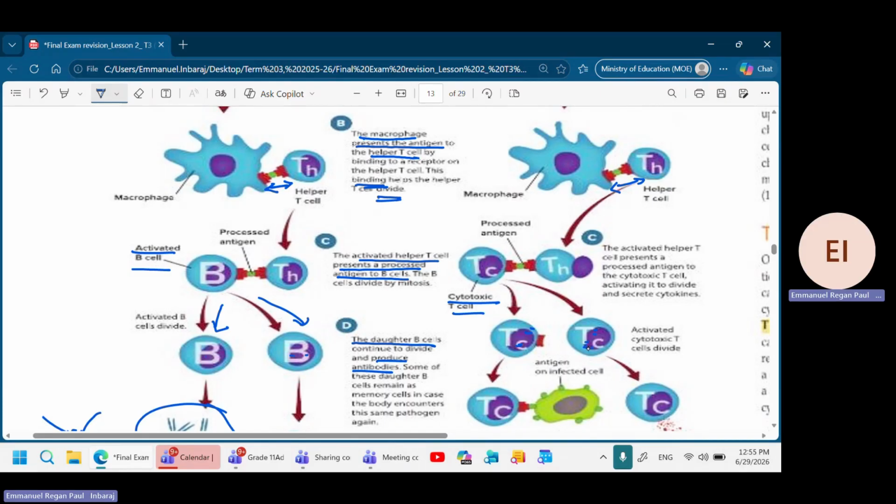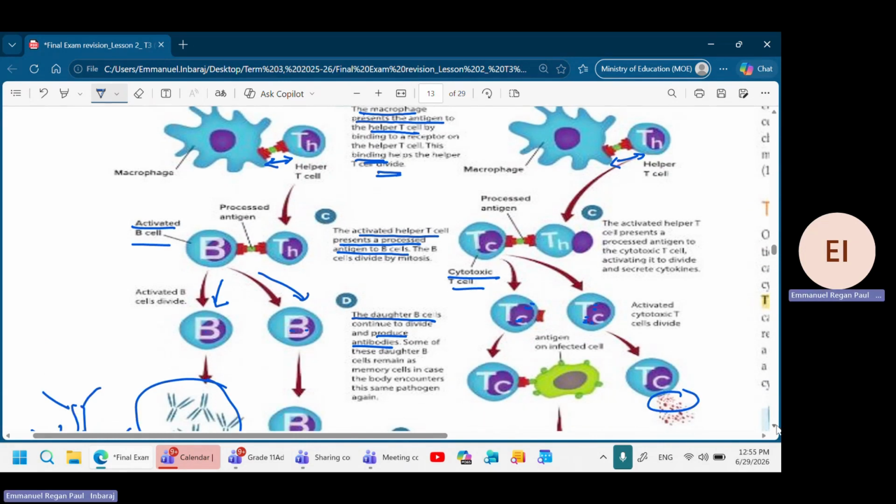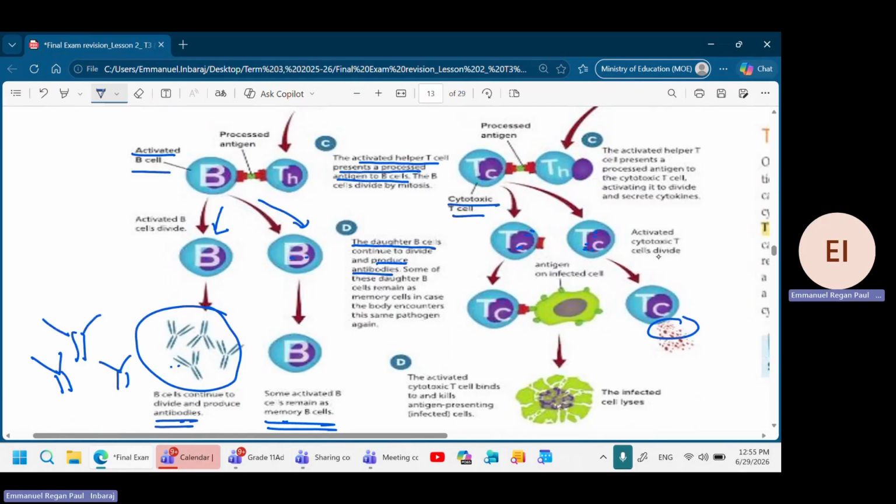Now what will the cytotoxic T cells do? They will release a chemical. You see here? There is some substance released. These substances are called cytokines. The activated helper T cells will present the processed antigen to the cytotoxic T cells, activating them to divide and secrete cytokines.